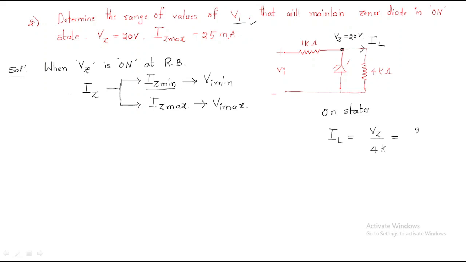What is the Zener voltage? 20 volts and 4 kilo ohms. So the load current is 5 milliamps. For a fixed Zener voltage, the load current is always 5 milliamps.